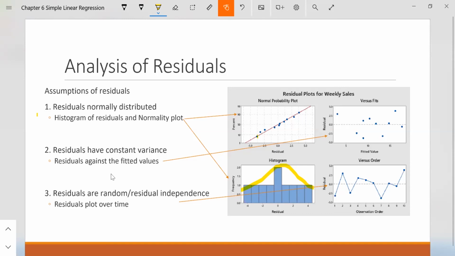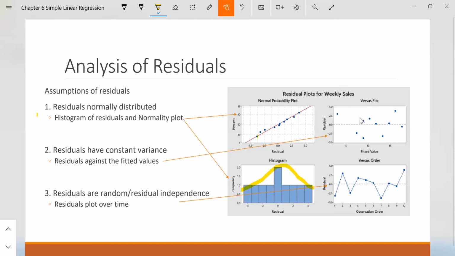For second, residuals need to have constant variance, which is also checking whether the variance for the population is constant or not. What we do is look at this graph down here, the residual versus fit, or in other words, the residual versus Y hat.